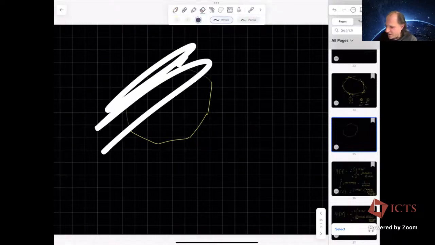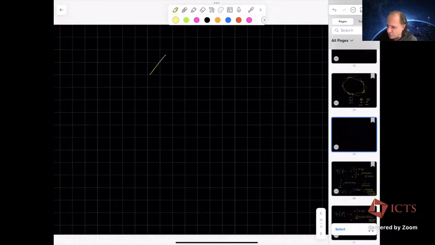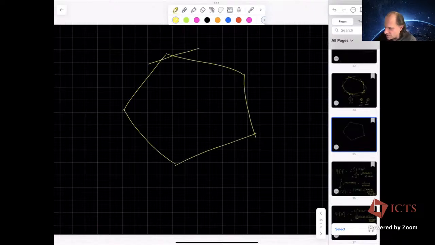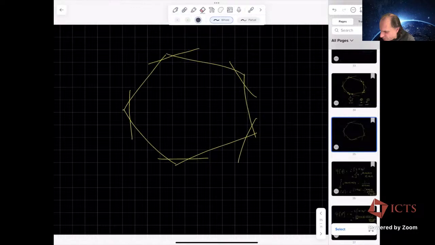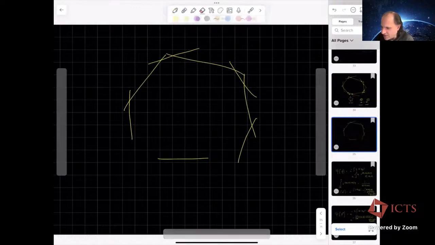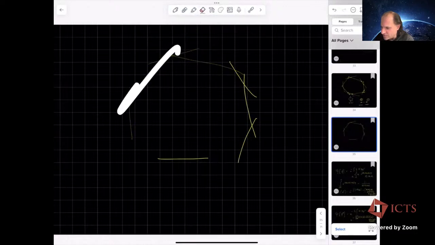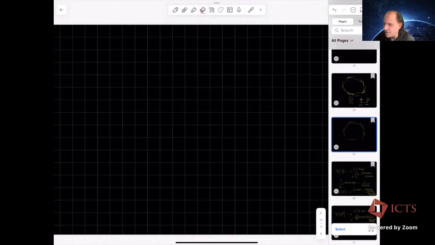Sorry, I'm drawing a very bad decagon. Let me actually draw it like this. Okay, so we've already decided what we want these various. I think this is not going to work nicely. Let me just try one more time. Do it like this.